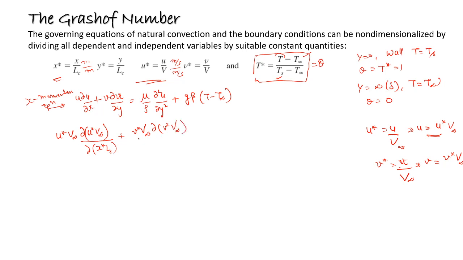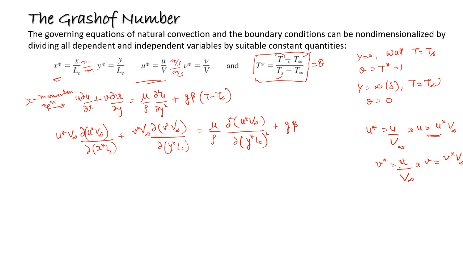I used V infinity, capital V infinity, just to differentiate between the small v and the capital V. It is equal to mu upon rho times the derivative square of u star V infinity over y star LC, whole square, plus g times beta.